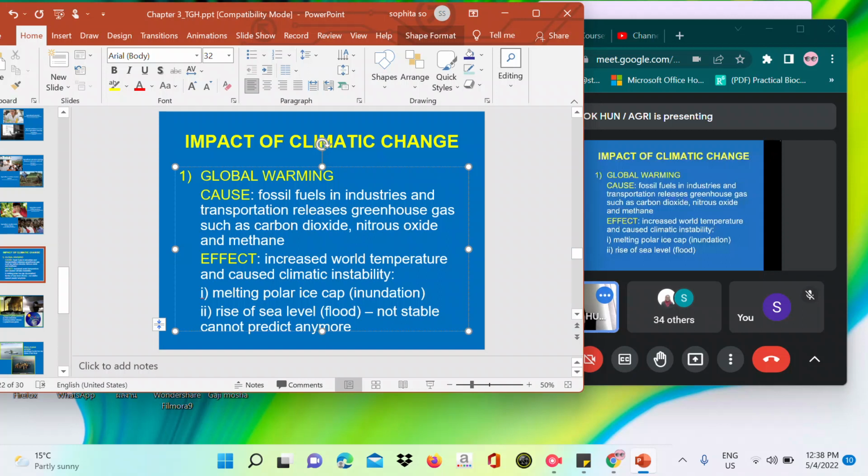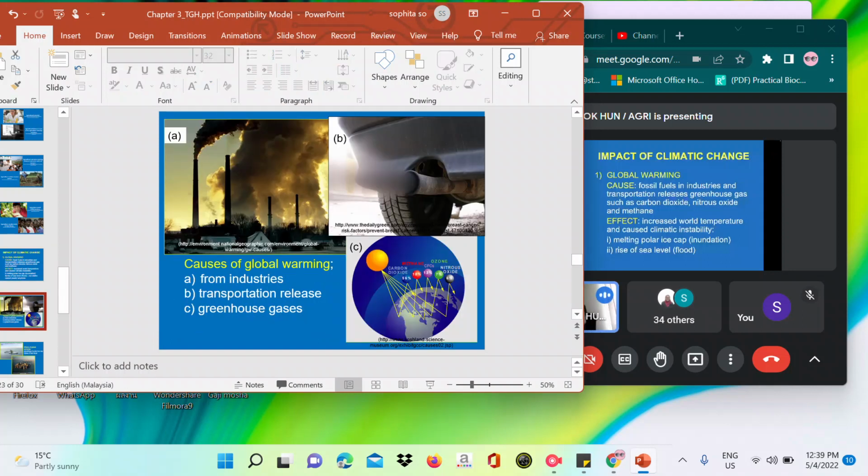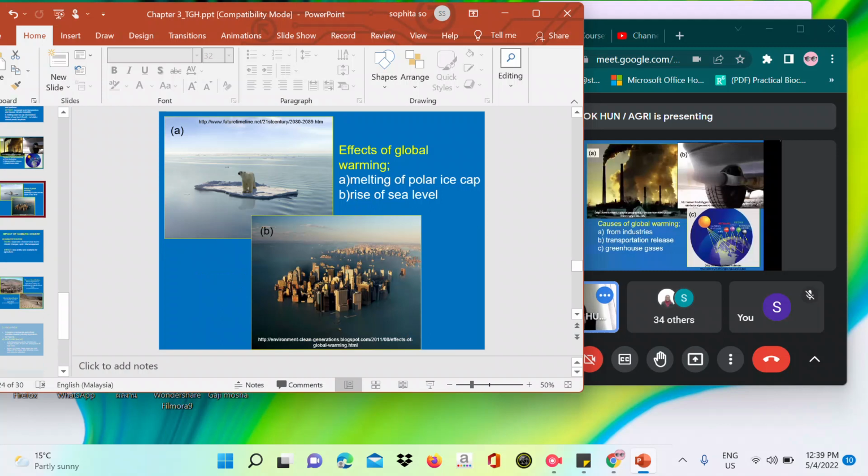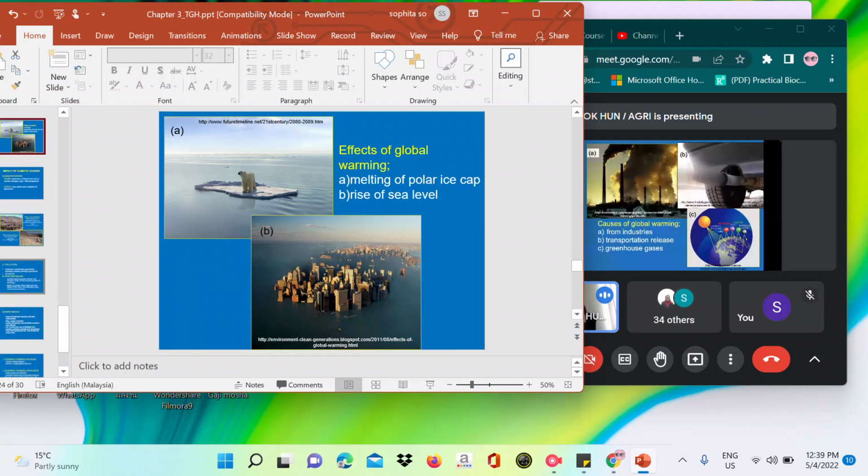All right, so you can see here the gases, all the CO2 and toxic gases coming out from the factories, and then the cars and vehicles, will trap the heat and cause the globe to become hot, and then unstable. We cannot predict the climate or the changes of the weather anymore.